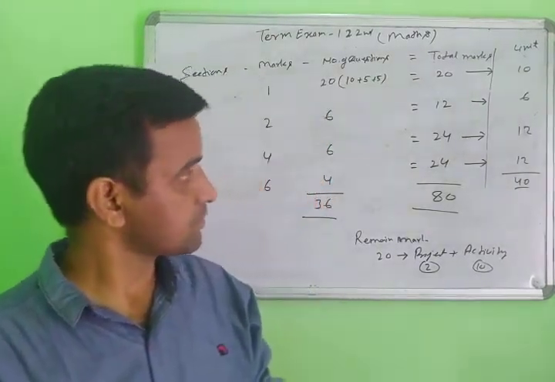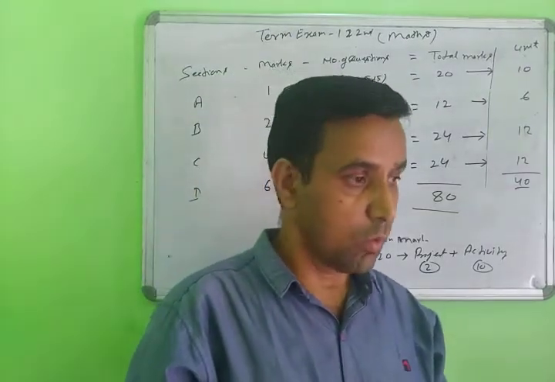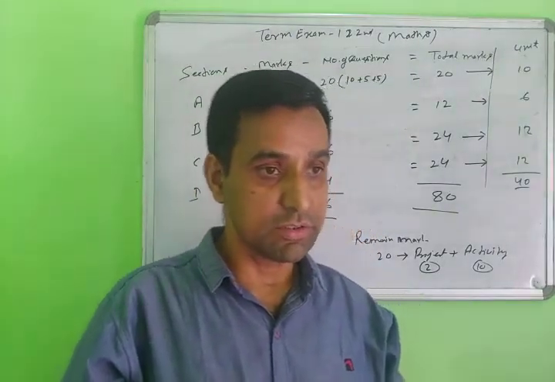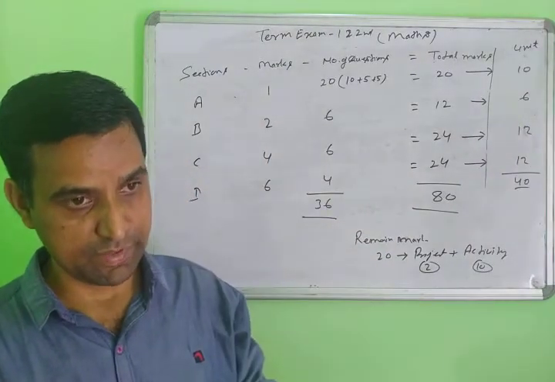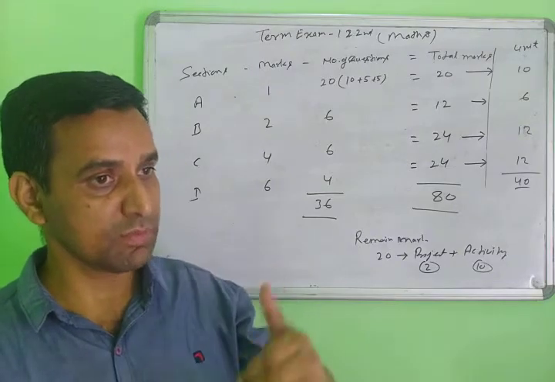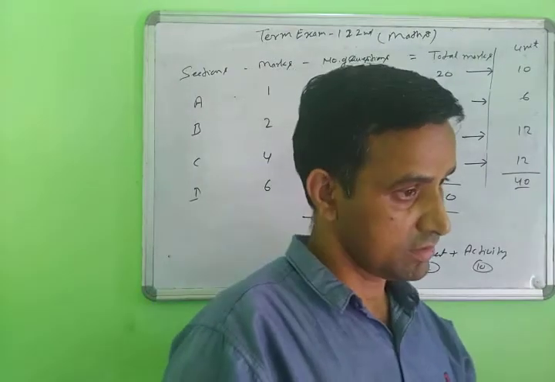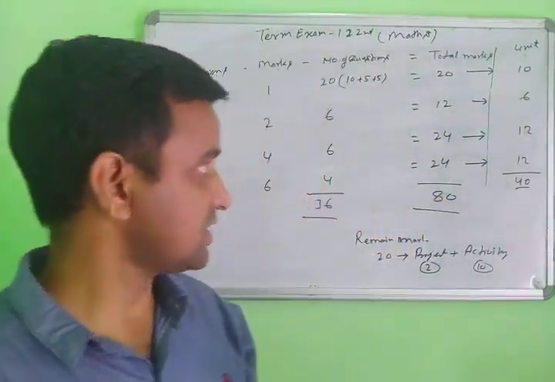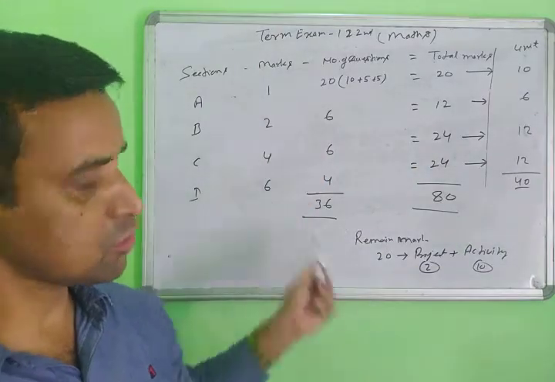The second thing is the syllabus of mathematics. Your mathematics syllabus will be given to you before your exam. Which topics will be used in which exam will be informed to you before your exam. The main thing is the structure of the question paper.